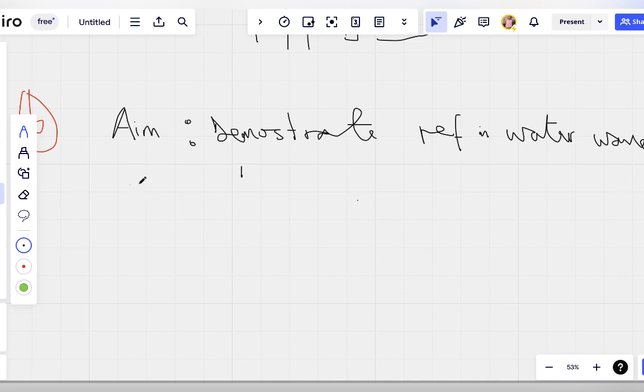Okay, here: aim, apparatus. What are the things you need? You can mention them, the things you're going to use. But I want to jump to the procedure. Apparatus: we need water, we need a can or beaker, whatever. We need a water bath, or wavefront.